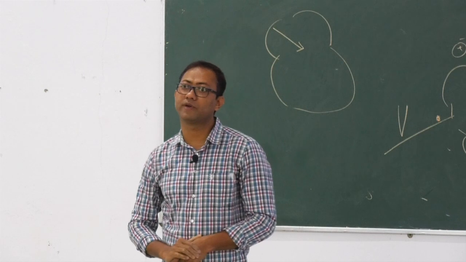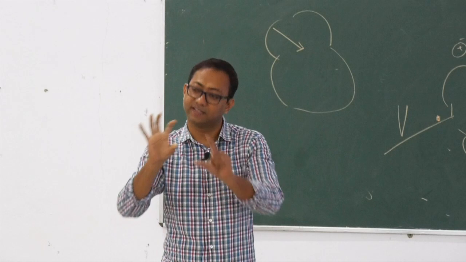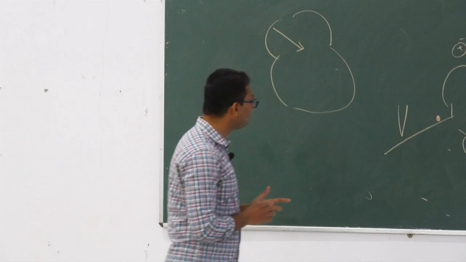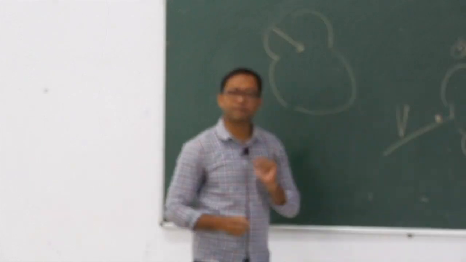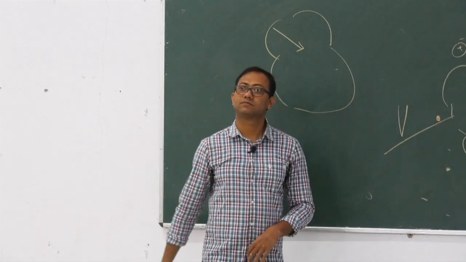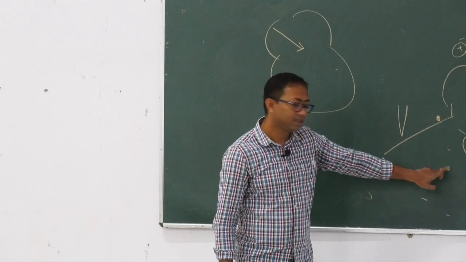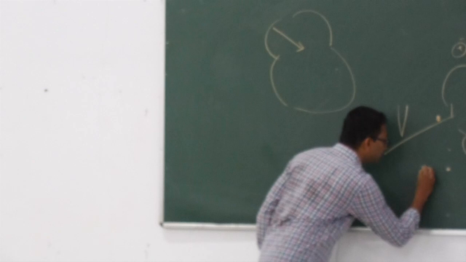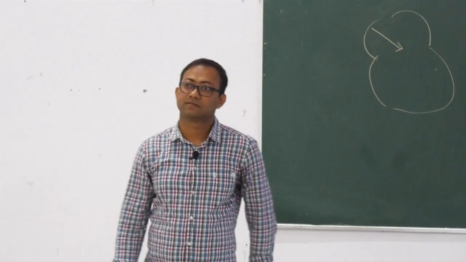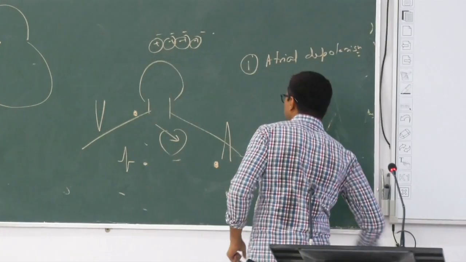And when the depolarization wave moves away from the sensor, you will get a negative deflection in the ECG. This is the rule. And say for example, you have a sensor over here. Okay? If you have a sensor over here, this sensor will record a positive or negative deflection. Clear? So this is the ruling thing.